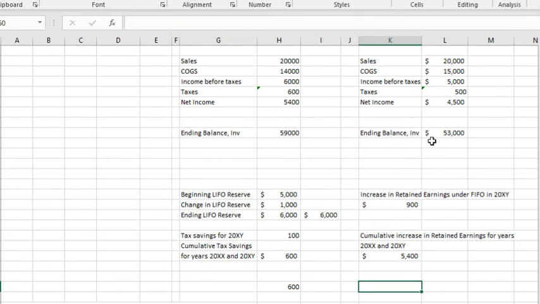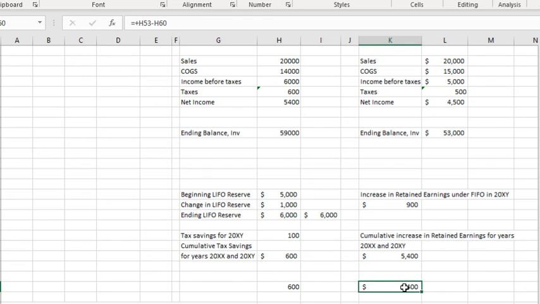And cumulative retained earnings, if you use FIFO over LIFO, is going to be your LIFO reserve minus your tax savings. So the $6,000 LIFO reserve can be split into two.